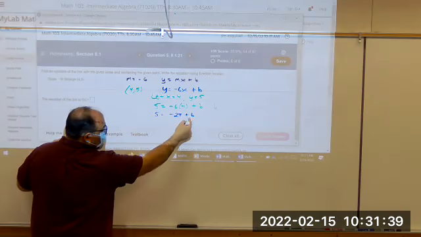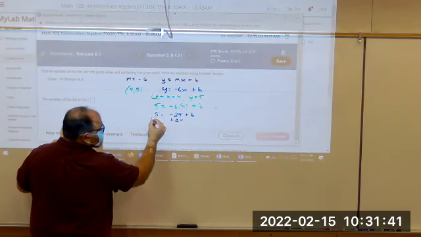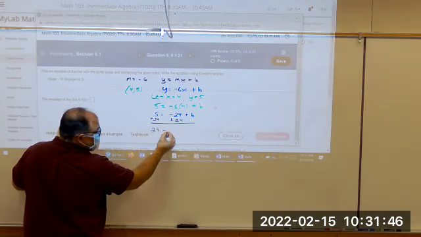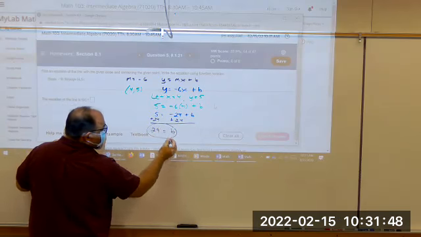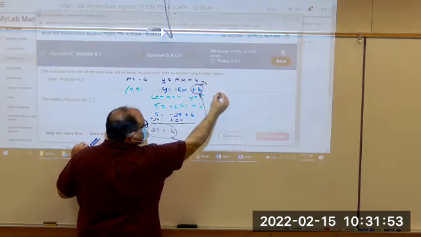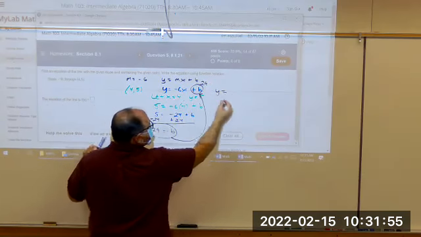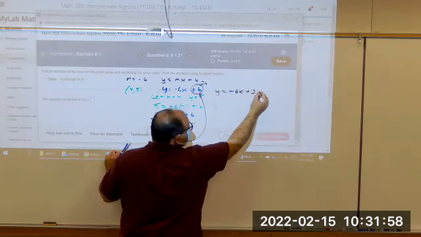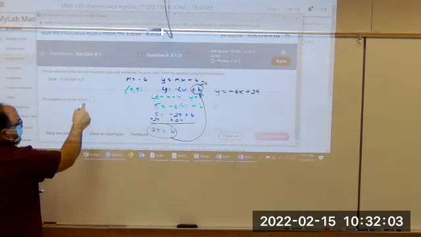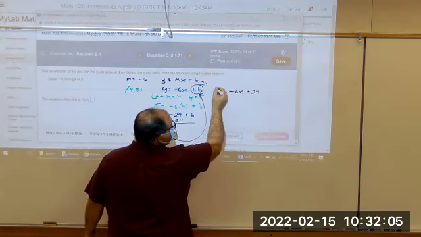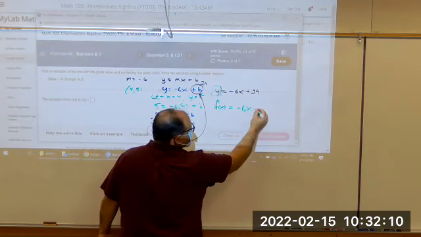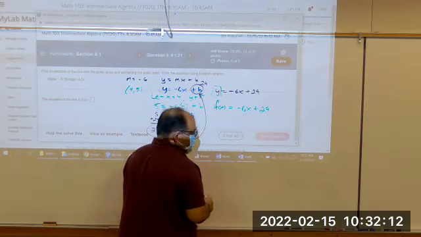To get b by itself, you add 24 to both sides. 5 plus 24 is 29. That's the y-intercept that we needed to find. So y equals negative 6x plus 29. They want function notation, f of x. So now you just replace this y with f of x equals negative 6x plus 29.